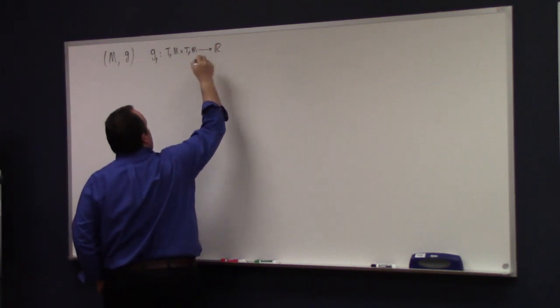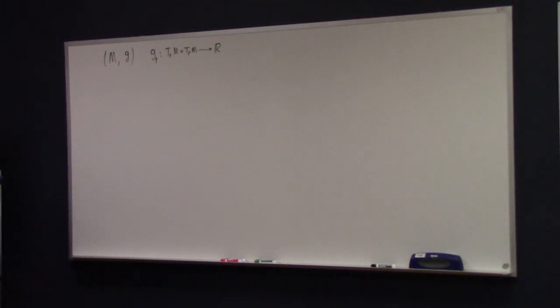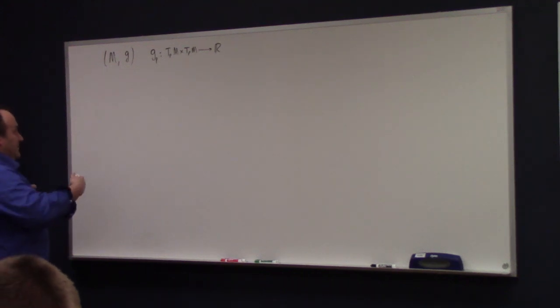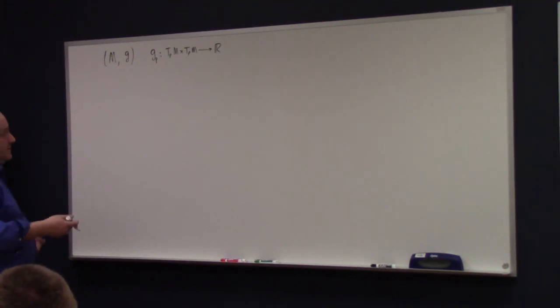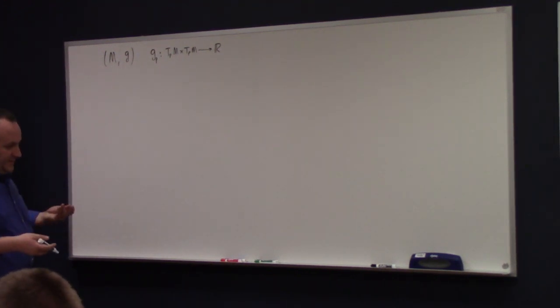In a nutshell, it's a real inner product on the tangent space at the point. And we suppose that this is a smooth assignment, so it's a smooth tensor field on the manifold. We have one of these at each point, assembled in a smooth fashion, and as such, we can define a variety of different things.